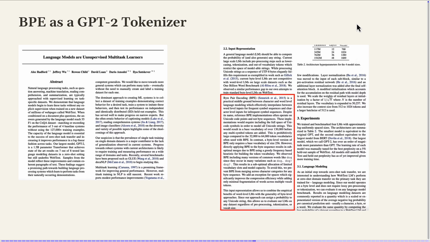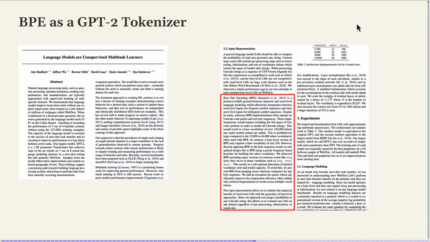And here, the byte pair encoding, which was proposed in 2015, is a practical middle ground between character and word level language modeling, which we have introduced today, which effectively interpolates between word level inputs for frequent symbol sequences and character level inputs for infrequent symbol sequences.